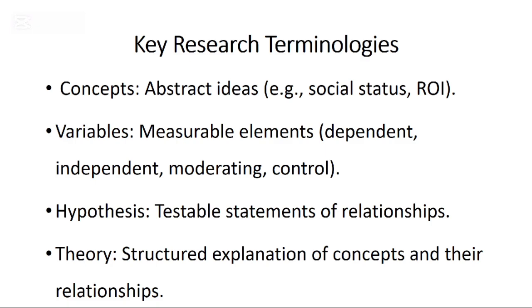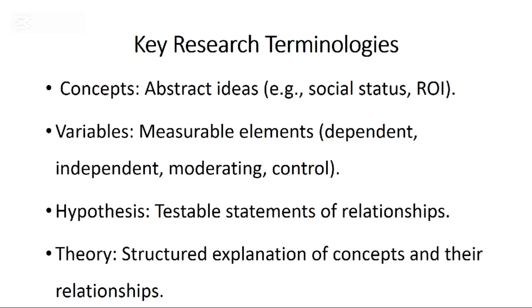Now, variables. A variable may be termed as anything that can be measured, that is, any phenomena that can assume numerical values. So these variables are derived from the concepts that have been laid out, or those that the research is concerned with.